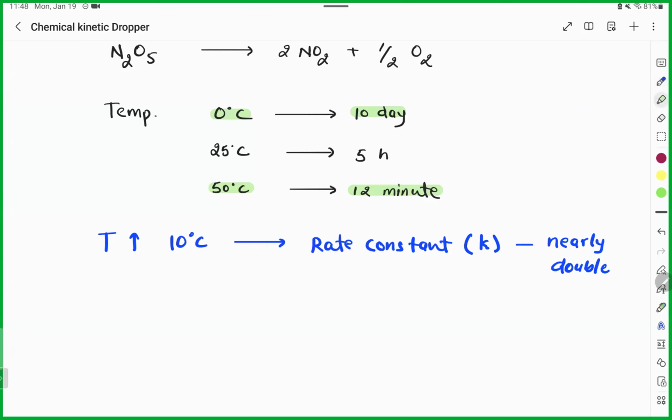And trust me, many people believe that when we increase temperature by 10 degrees Celsius, our rate increases double. No, not rate. K value, the rate constant, is increasing.